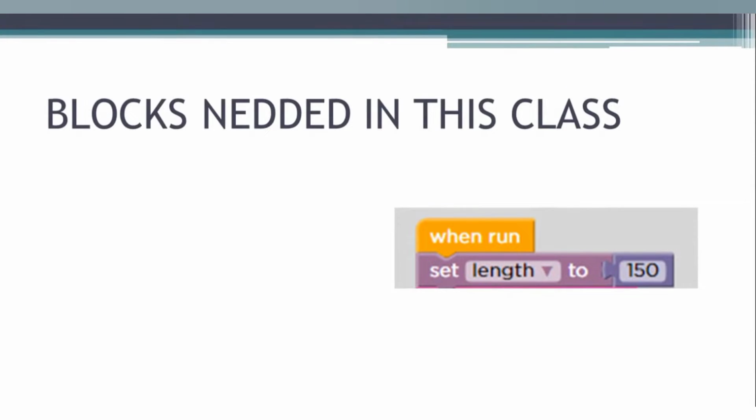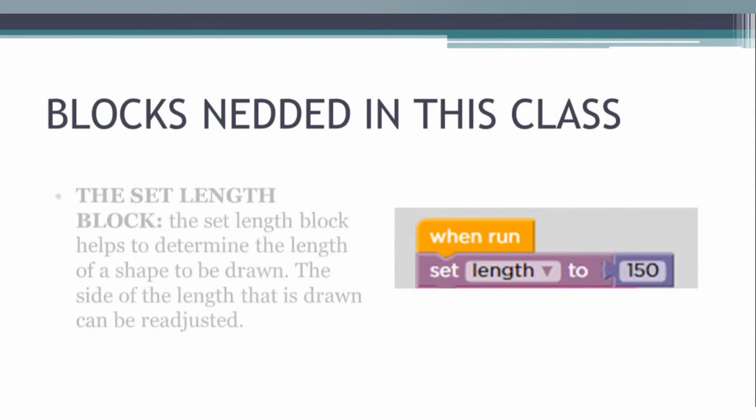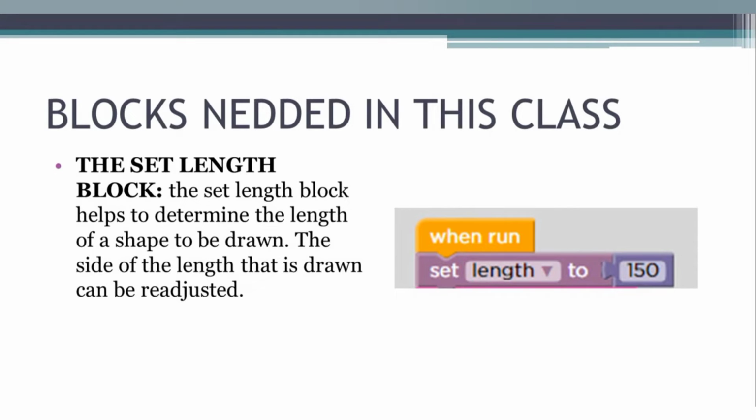Some blocks that we need in this class: the first block is the set length block. The set length block helps to determine the length of a shape that we are going to draw. The size of the length that is drawn can be readjusted. Looking at the picture on our screen, we can see set length to a variable of 150.